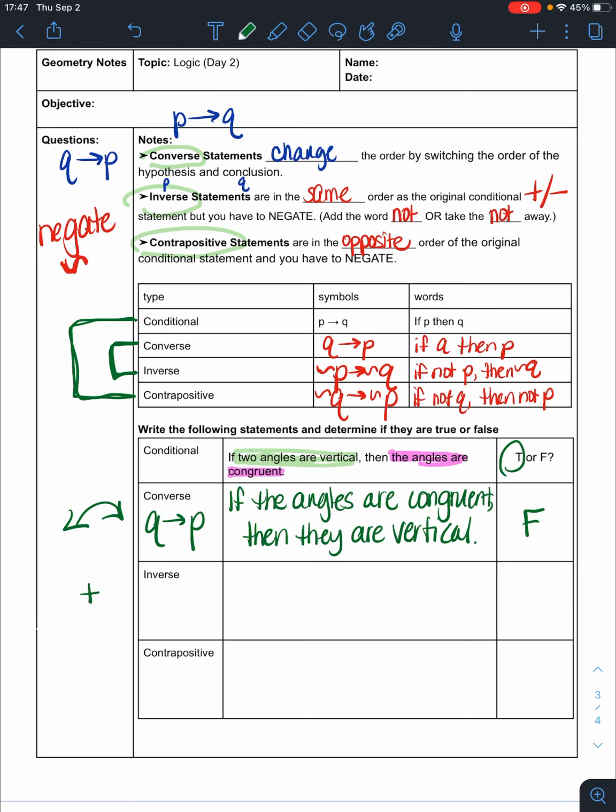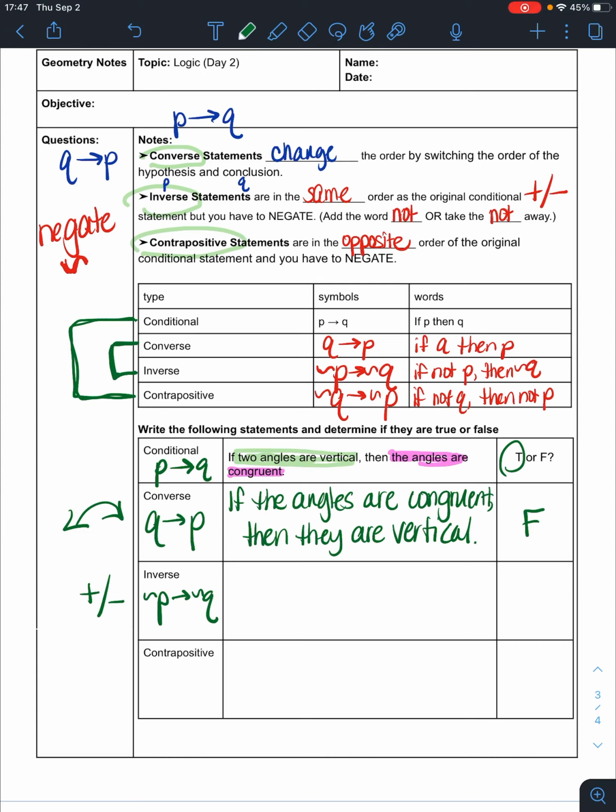Now remember that the inverse makes it positive or negative. Same order, so it's not P, then not Q. So it's the same order as our conditional, which was P, then Q, but it's negated. So let's add not in there, and you may have to finesse the words.